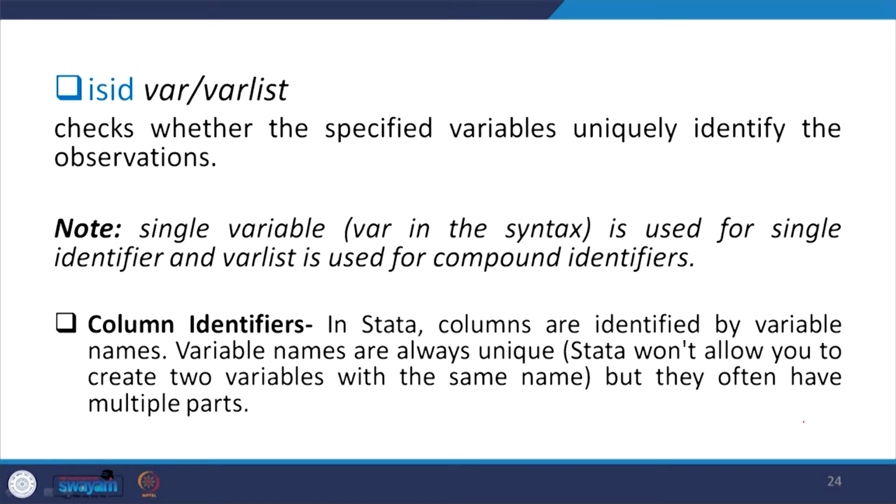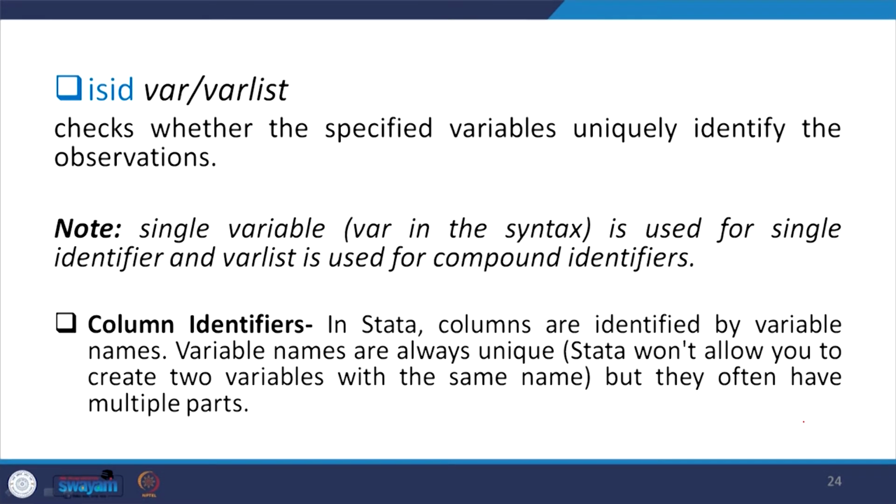Or in NSS data, they give many blocks of information. If you want to merge those blocks, you need a unique ID as well. Now, check isid: it checks whether the specified variables uniquely identify the observations or not. We have already told you if surplus is there, those are not uniquely identified, as that number of copies are generated.